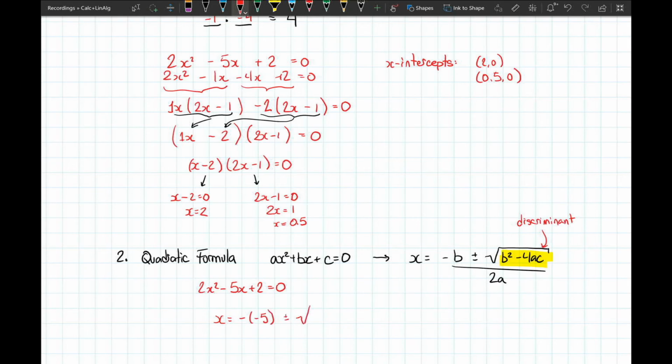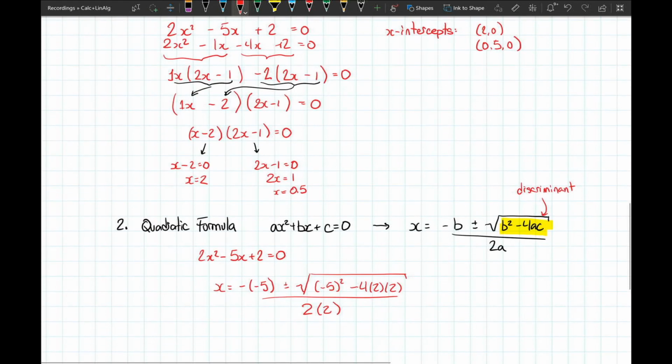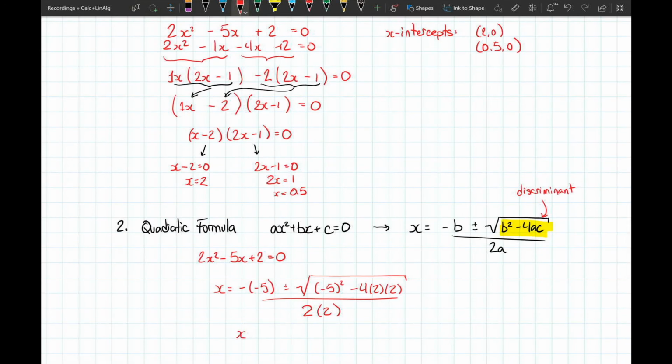And be careful in the square root, if b is negative, when you square it, squaring a negative makes that positive. And so there you go. You can end up with two results depending on whether you add or subtract, and you should end up with exactly the same two values: x equals 2 or x equals 0.5. Don't forget that those are simply the x-coordinates of the x-intercepts. The x-intercepts themselves will always have a y-coordinate of 0.